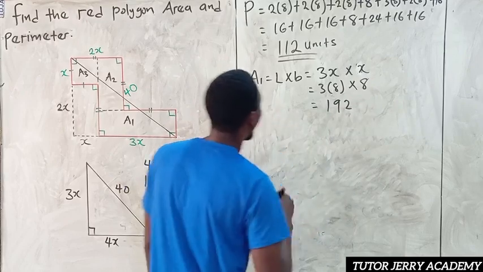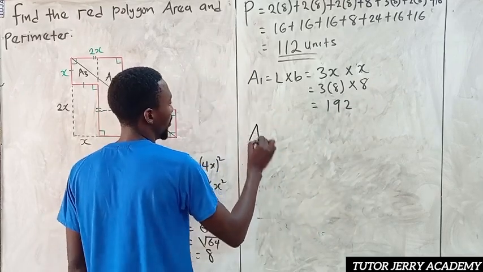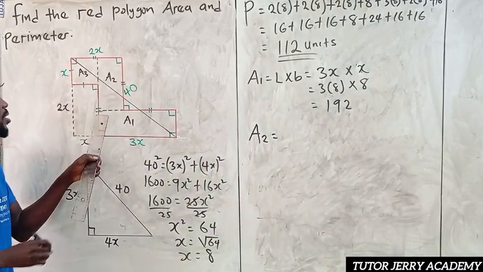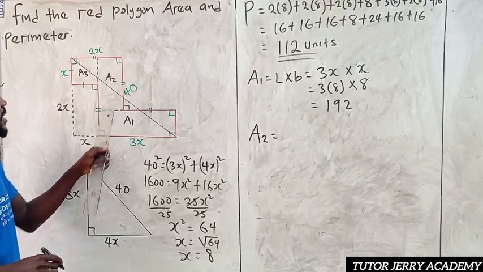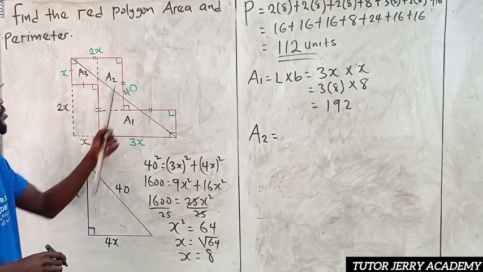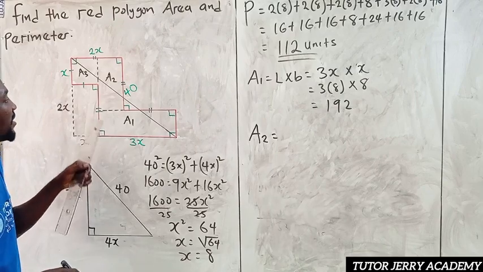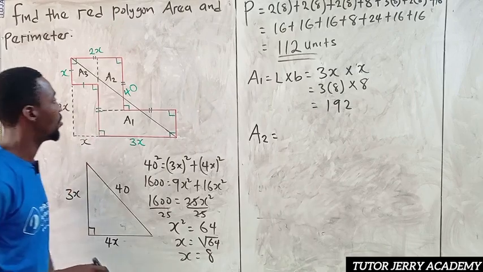All right. So now let's go for A2. A2 will be equal to, now this is also a rectangle, that is length times breadth, that is 2s multiplied by s. This place here is going to be s. That is 8.